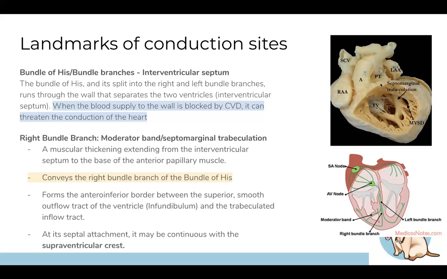And this contains your right bundle branch. As you can see, it goes through the moderator band like that. I don't know why it does that. It just does. The left side doesn't have anything like that. Only the right side has a moderator band, and it conveys your right bundle branch from the bundle of His.